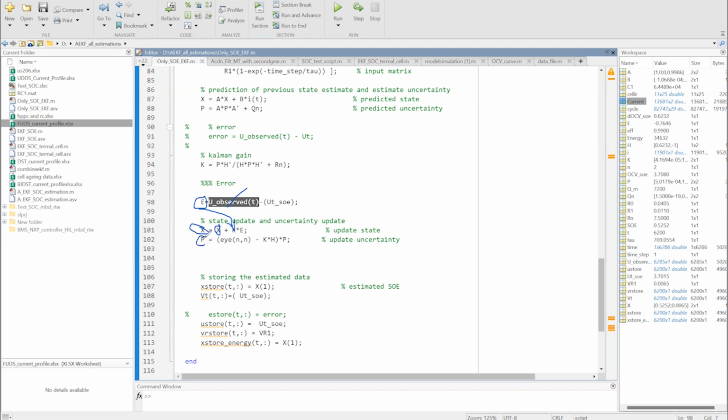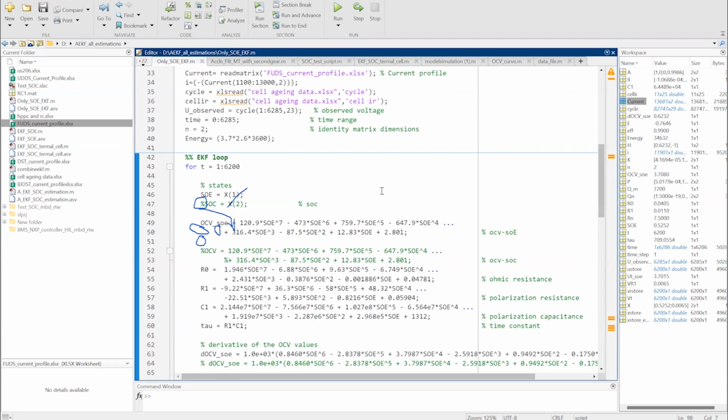You can take both of these as output, or give them as input for the next step. So you can see the loop of the Kalman filter has been running from 1 to 6,200 seconds.